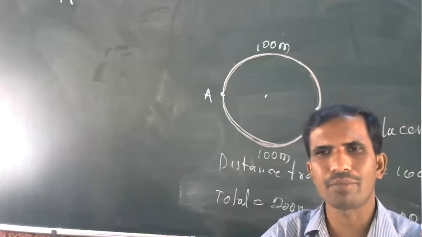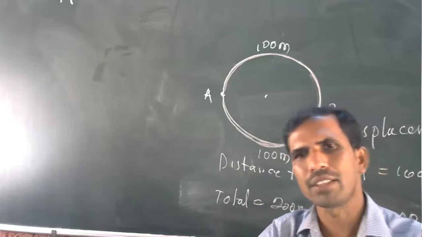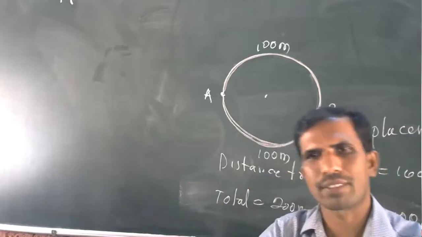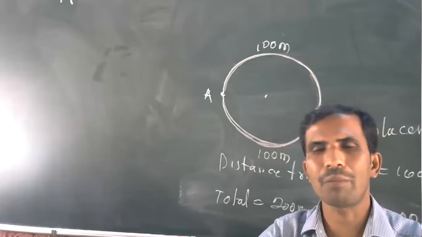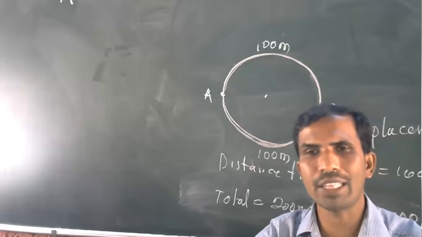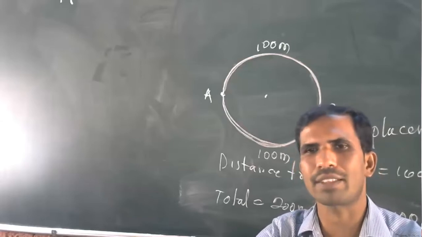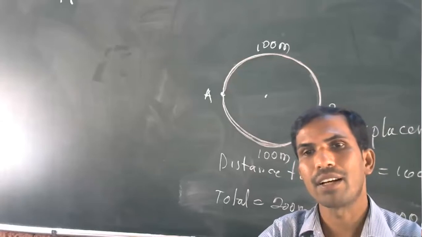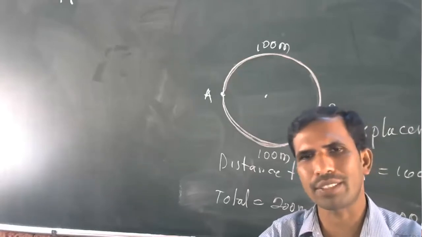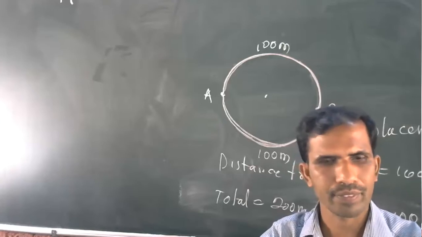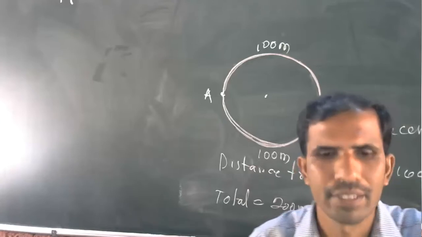If I tell a bus is traveling 10 kilometers, I am not telling the direction. I am telling only quantity, length, the distance traveled. So that is nothing but only magnitude. Only magnitude means scalar quantity. Is it clear?